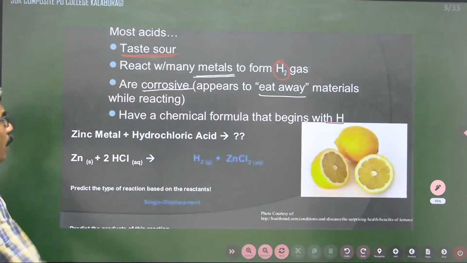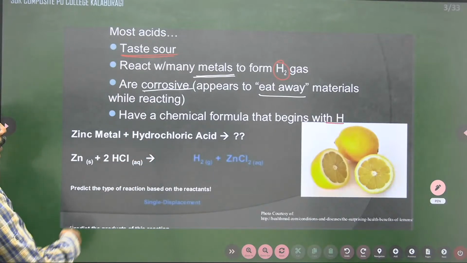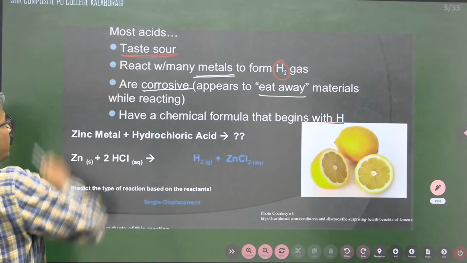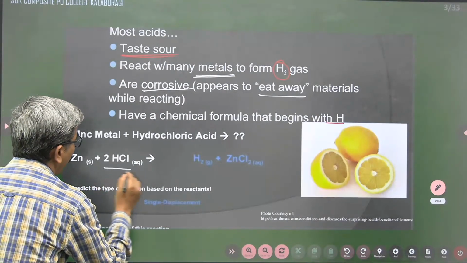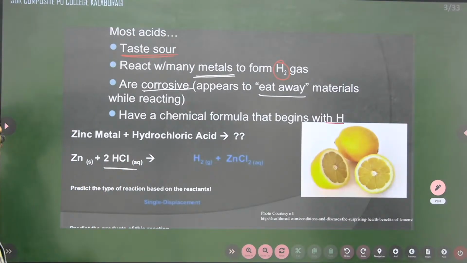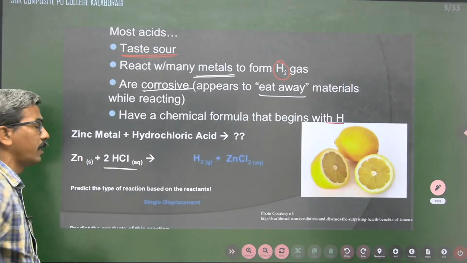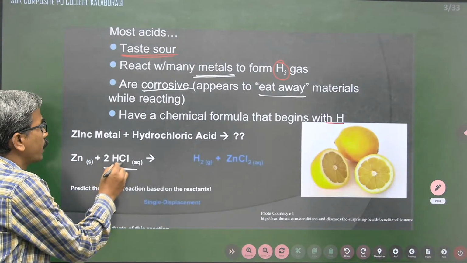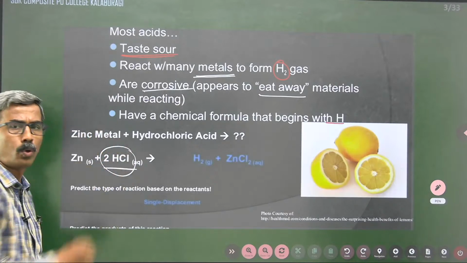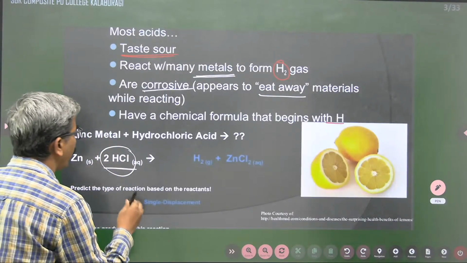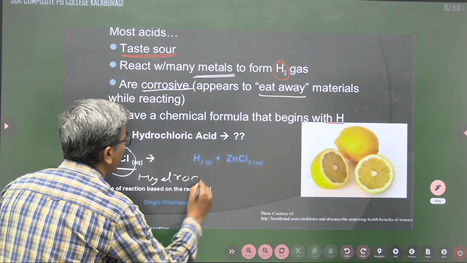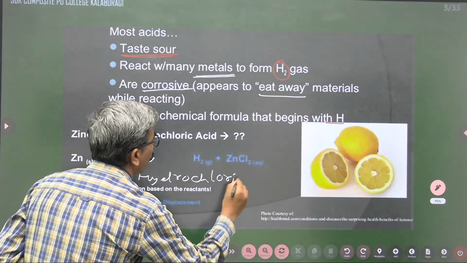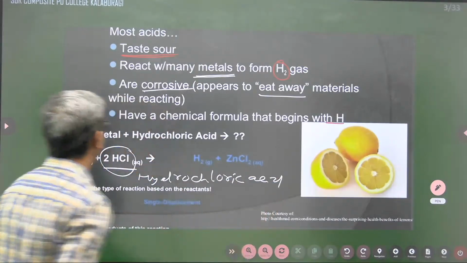Now here I am going to take one example for this reaction. Suppose this acid, as all of you are aware, is called hydrochloric acid.